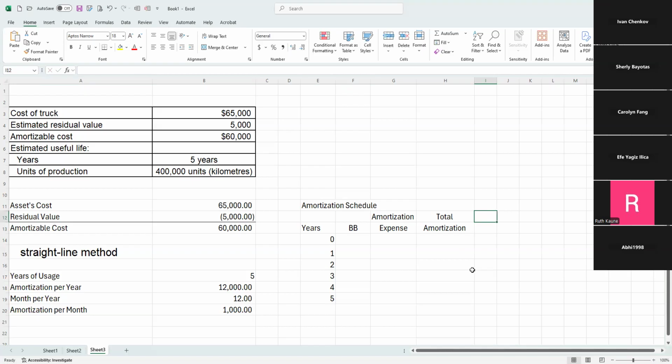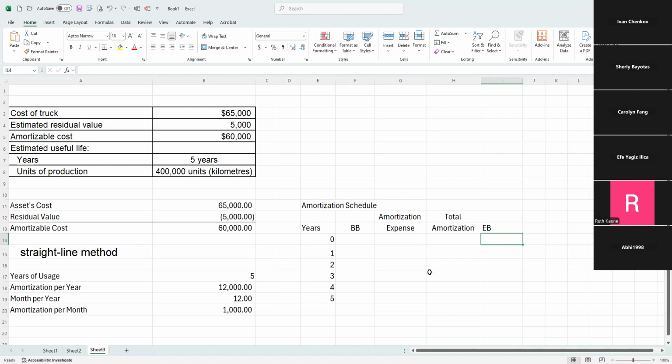Let's see if that's going to fulfill our purposes. Total amortization, yes, ending balance. So let's think about it. What will be my starting balance, the ending balance of year 0, once I purchase this truck?